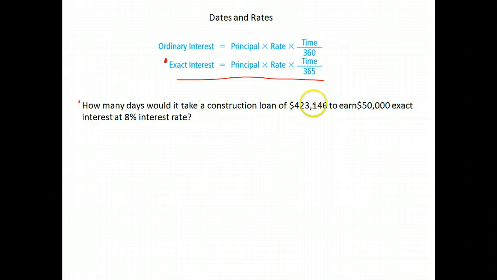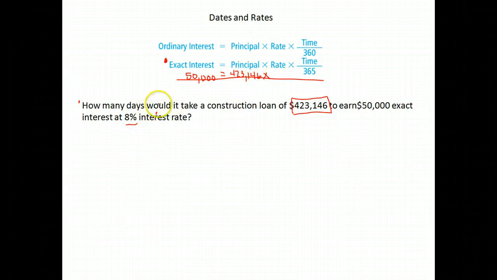How many days would it take a construction loan of $423,146? That's my principal. Okay, so it goes right there. To earn $50,000 in exact interest. So the exact interest they're saying is going to end up being $50,000 at 8% interest.